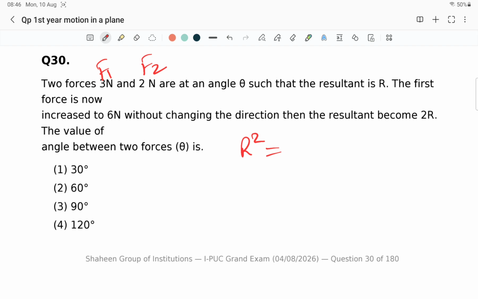The value of angle theta between the two forces is? So F1 and F2 are given. You just need to calculate. Use R equals root of F1 square plus F2 square plus 2 F1 F2 cos theta, and you need to solve.